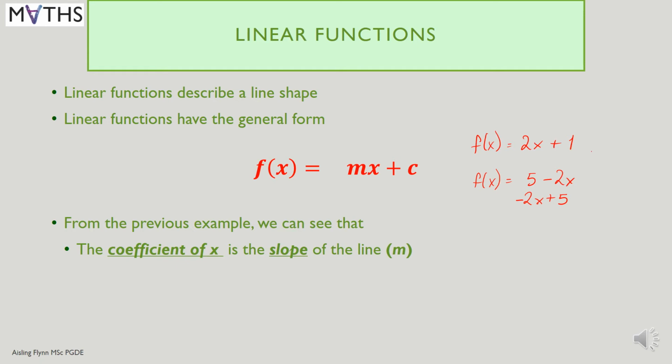Our first function went up and its slope was +2, so you can see 2 here beside x. The second one went down and had a slope of -2, so here you can see -2 beside the x. So the letter m, whatever is beside the x, represents slope.